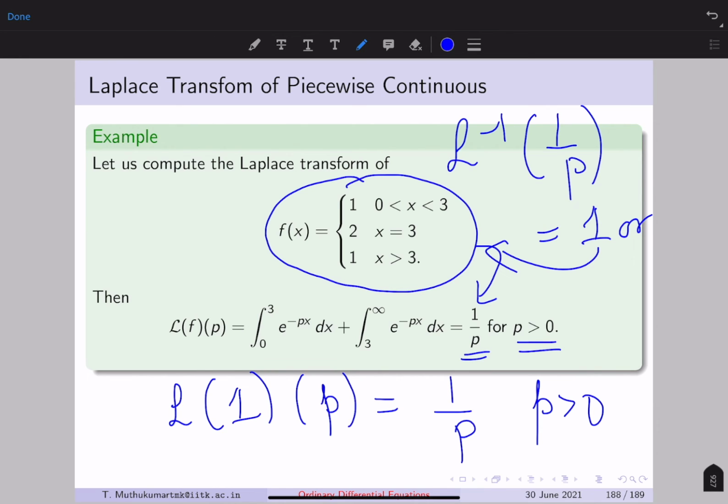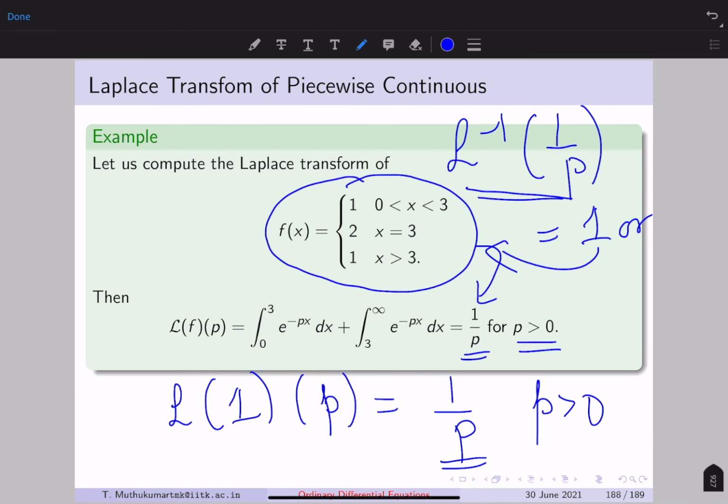There are two possible values, which means the inverse Laplace transform is not even well defined, right? For one function there are two possible values. So this is also an example to tell you that you can have the same Laplace transform for two different functions, right? But are they really different functions?